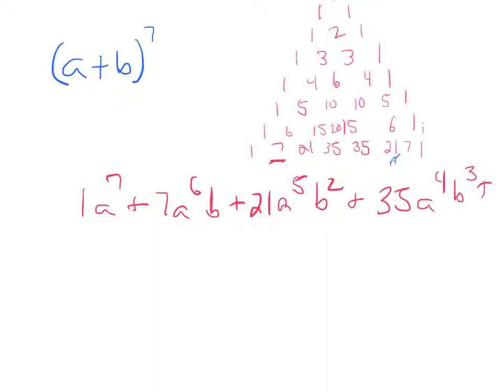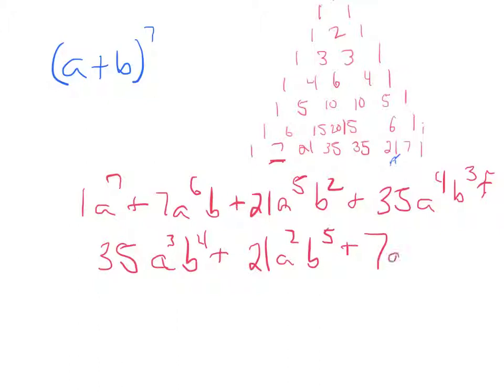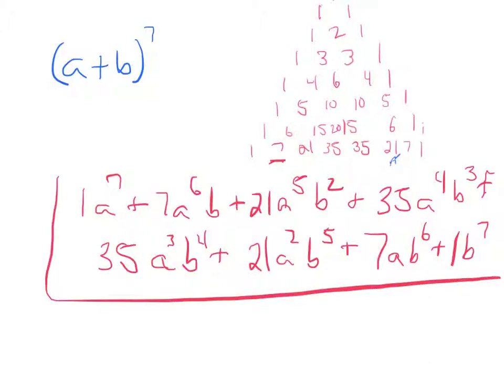And I'm going to go to the next line, plus 35 a cubed b to the 4th, plus 21 a squared b to the 5th, plus 7 a b to the 6th, plus 1 b to the 7th. And I have just expanded a plus b to the 7th without writing it all out.